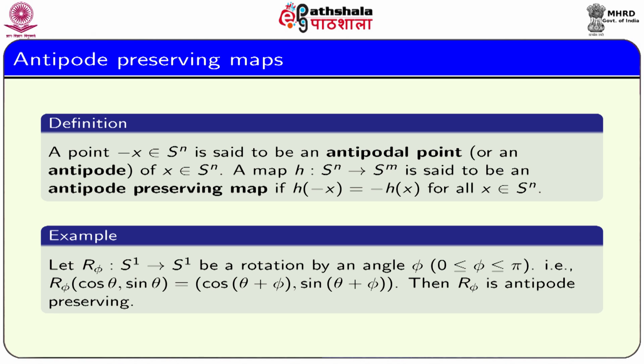Now, we come to an example. Suppose R phi is a map from S1 to S1 which stands for a rotation by an angle phi, that is R phi of (cos theta, sin theta) is (cos of theta plus phi, sin of theta plus phi). Then R phi is antipode preserving.